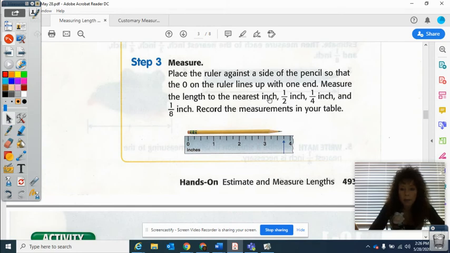Measure the length to the nearest inch. Okay, so to the nearest inch, they've drawn a line for you where the tip of the pencil stops. And then the nearest inch, it can either be a 3 or a 4.